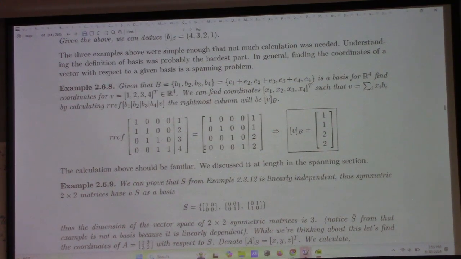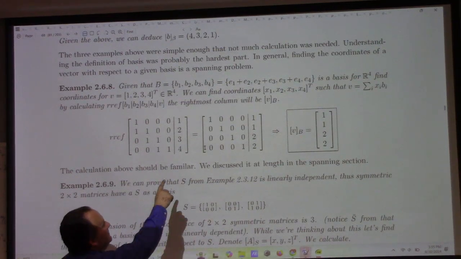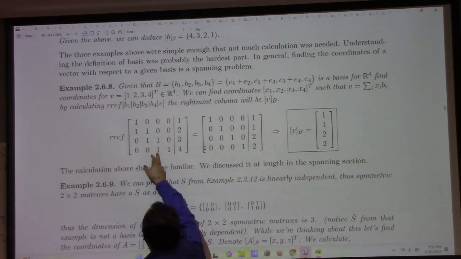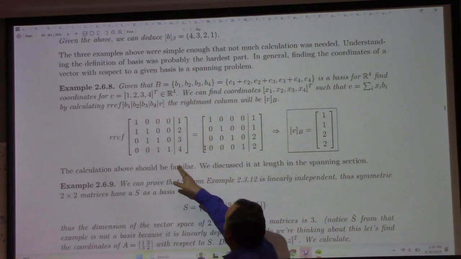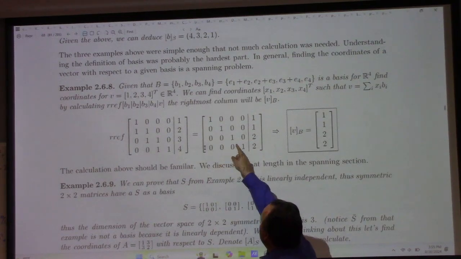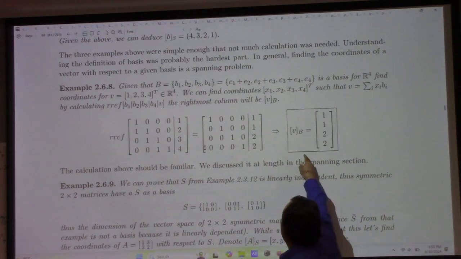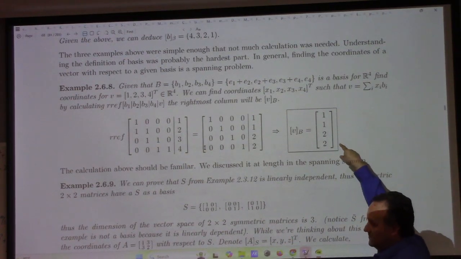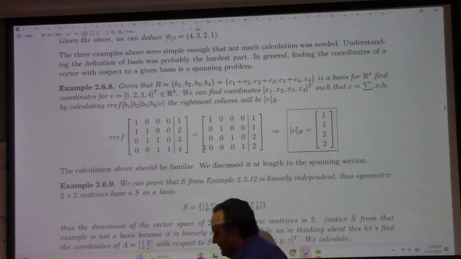Example 2.6.8 is a fine example about how to calculate coordinates for the vector (1, 2, 3, 4) if your basis happens to be what's given there: E1 plus E2, E2 plus E3, E3 plus E4, and then E4. You do the row reduction, and that tells you I need 1 of the first, 1 of the second, 2 of the third, 2 of the fourth, so my coordinate vector is literally that.